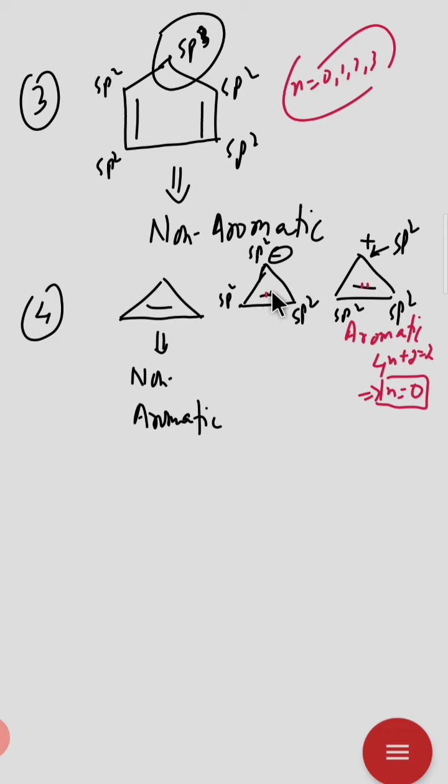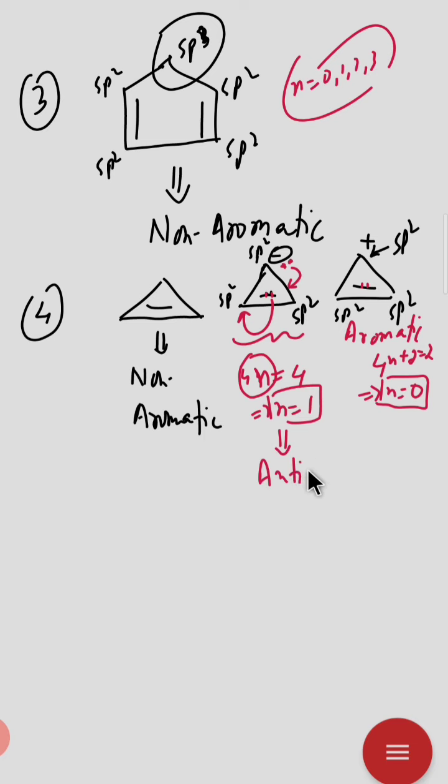This compound is aromatic. Now let us check this compound. Count the pi electrons in this anion. The negative charge is an electron pair, and it can participate in resonance, so yes, it counts as pi electrons. When we count them, we equate to 4n, and the value of n is 1, so it is anti-aromatic. This cyclic anion is anti-aromatic.